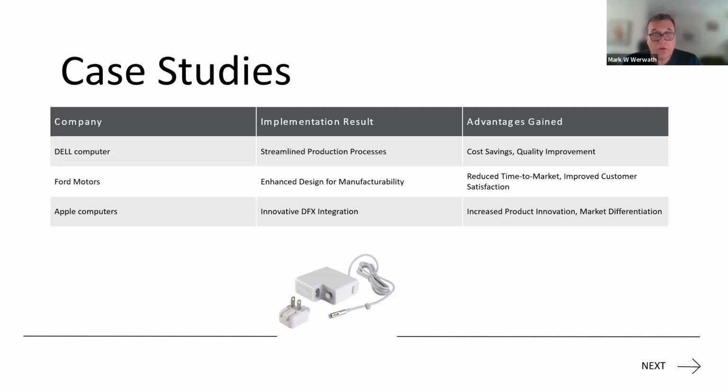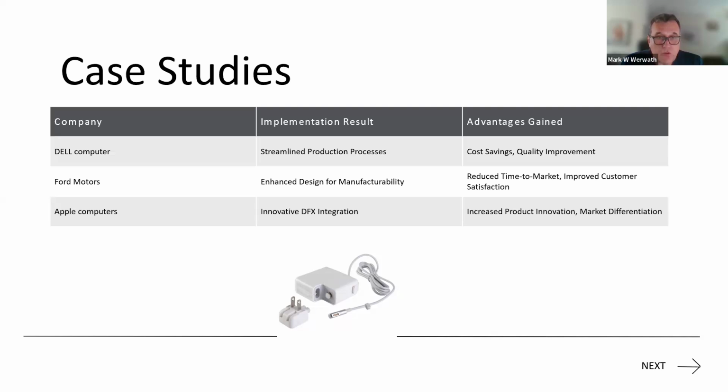Ford used some DFM approaches, design for manufacturability, by bringing in their suppliers into the design process. They started with the Ford Taurus. The Ford Taurus was notoriously efficient, both in the factory and in the field. Very well designed car. The original Ford Taurus was award winning in its day. And again, DFM was one of the main reasons for that, right?